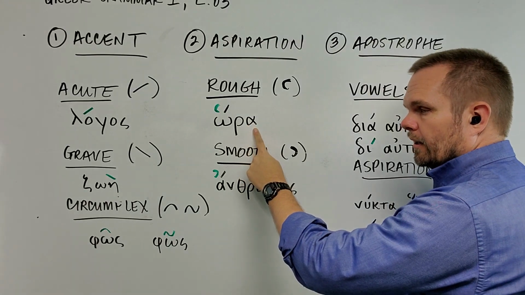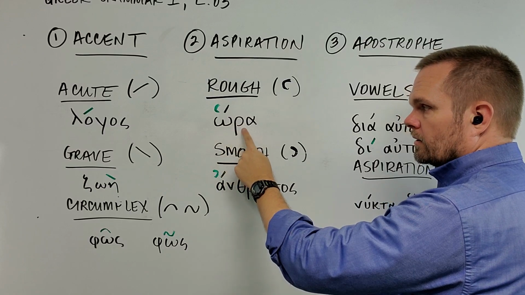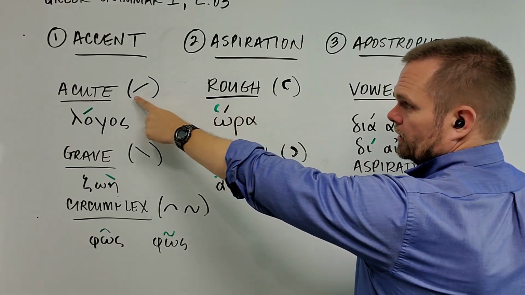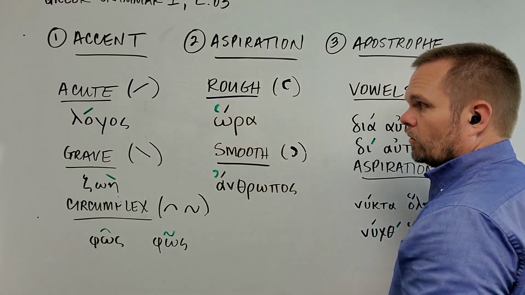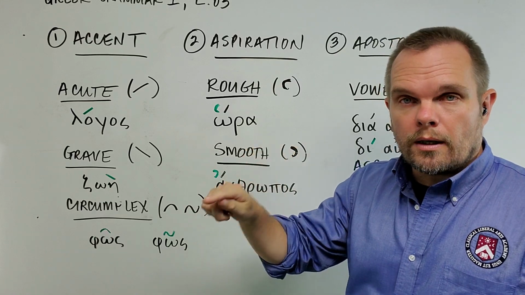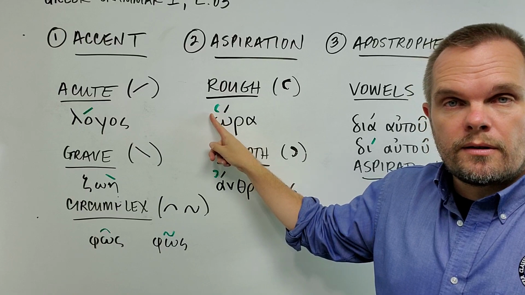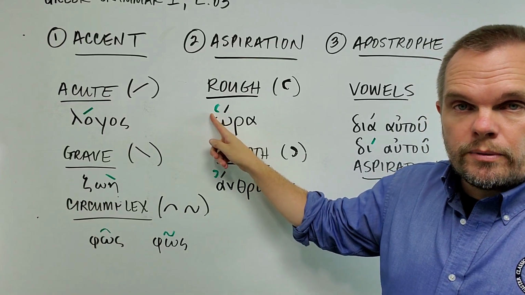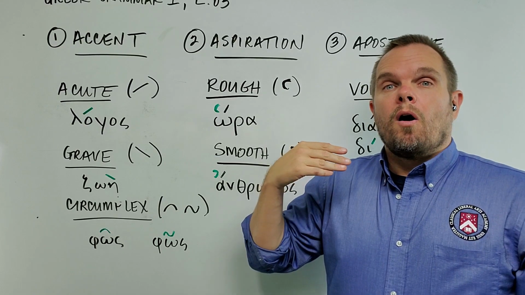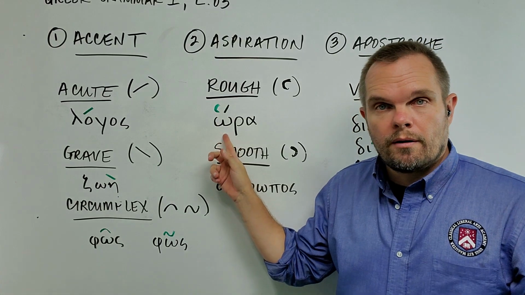And then we have alpha, a. We also see that there's an acute accent, so it's going to say ora. But we also see that there's aspiration, so instead of saying ora, we're going to say hora, with aspiration before the omega.